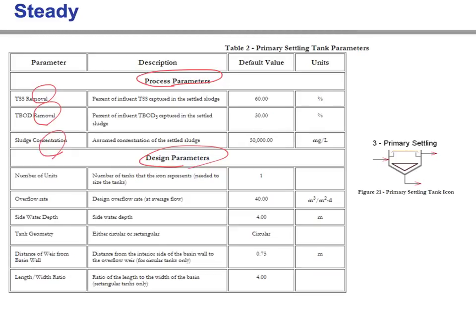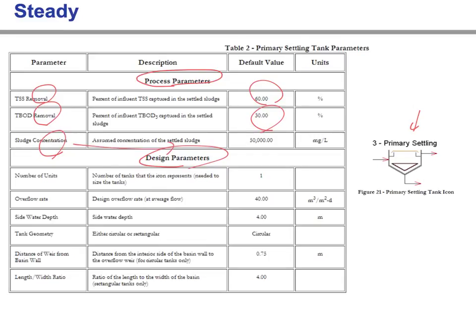So this unit process simply considers the percent removal of TSS and TBOD. Once you choose this removal efficiency, we can calculate the concentration of the effluent fairly simply.